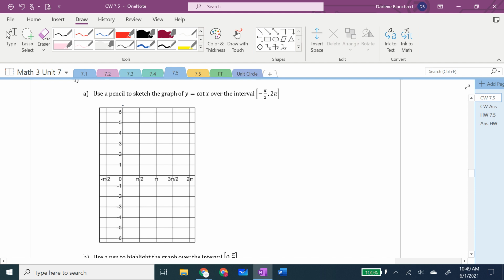Cotangent is cosine divided by sine. So I have asymptotes at 0, pi, 2 pi. I go through the x-axis at pi over 2, 3 pi over 2, and negative pi over 2. Cotangent goes only downward between asymptotes.